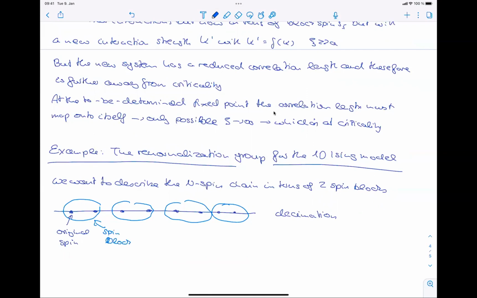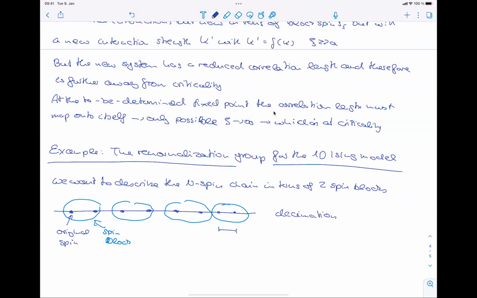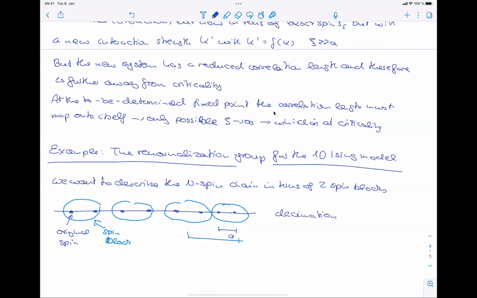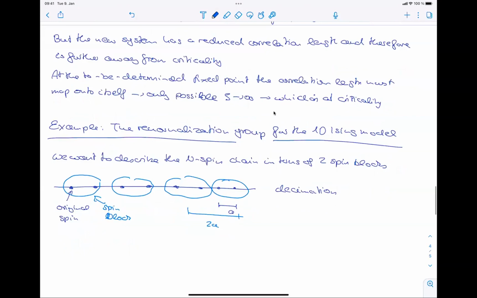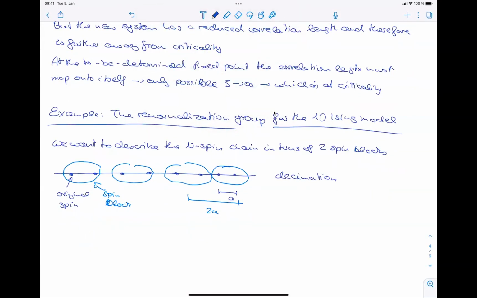What happens to the lattice is that if the original lattice spacing is a, then that of the spin blocks is 2a. And now our task is to see how this affects our Hamiltonian, our partition function.